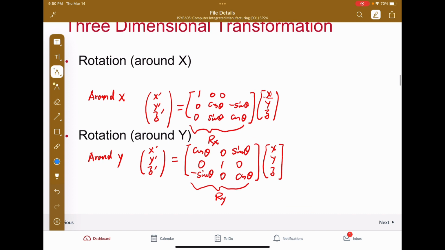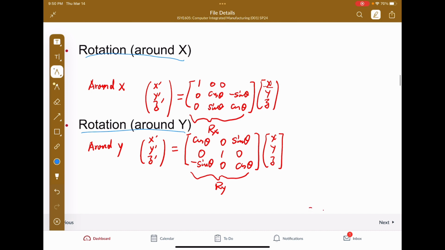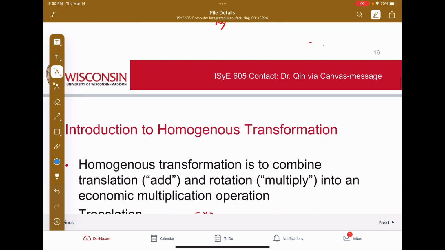It is the same thing for the rotation around y and the rotation around x. In the exam or in this calculation, you need to remember the equations and put the values into them, and then you will get the 3D rotation calculation.